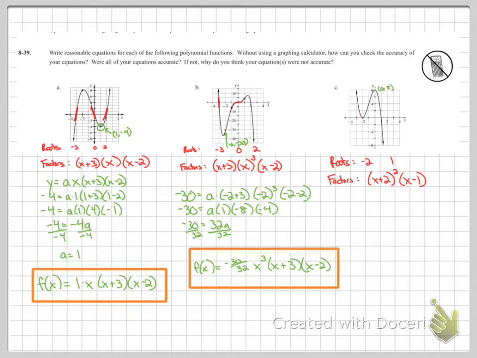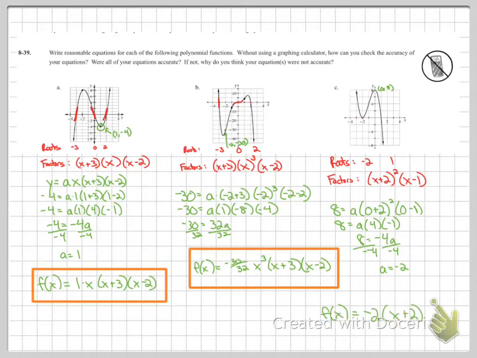So I know 8 equals a times 0 plus 2 squared times 0 minus 1. 8 equals a times 4 times negative 1. 8 equals negative 4a. Divide by negative 4. A is going to equal negative 2, which makes sense because that arrow is down. So this one is negative 2 times x plus 2 squared times x minus 1.